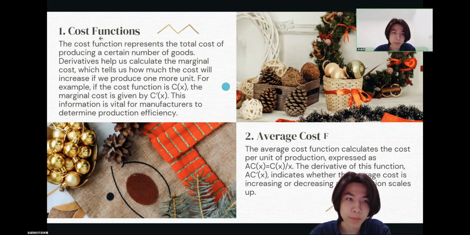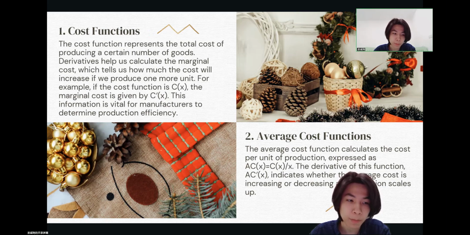The first one, cost function. The cost function represents the total cost of producing a certain number of goods. Derivatives help us calculate the marginal cost, which tells us how much the cost will increase if we produce one more unit.